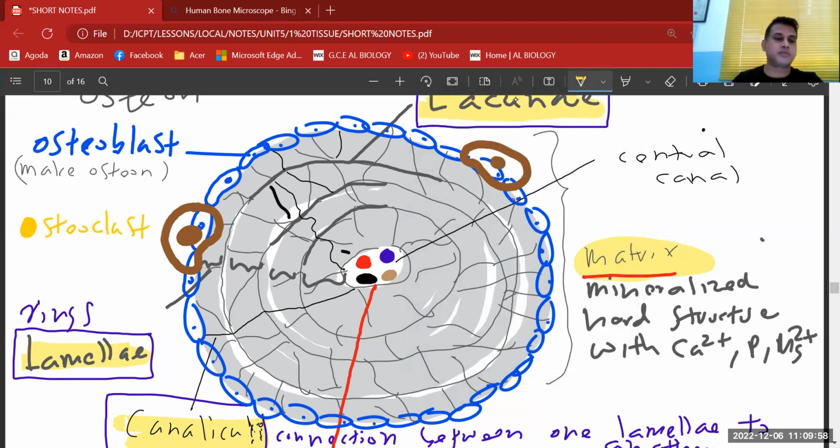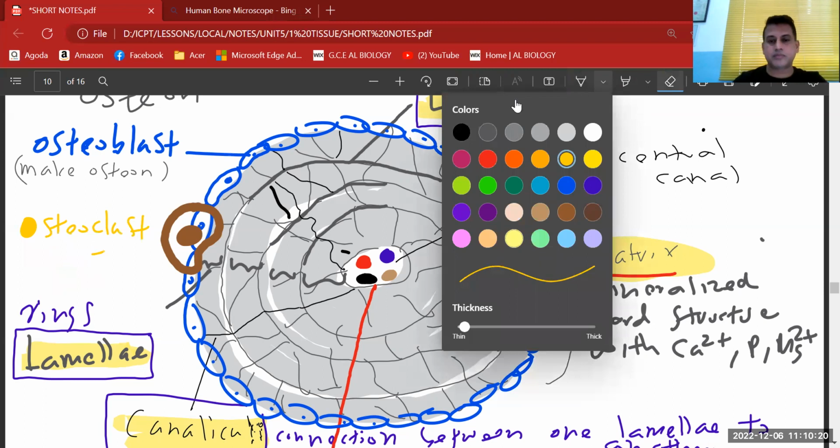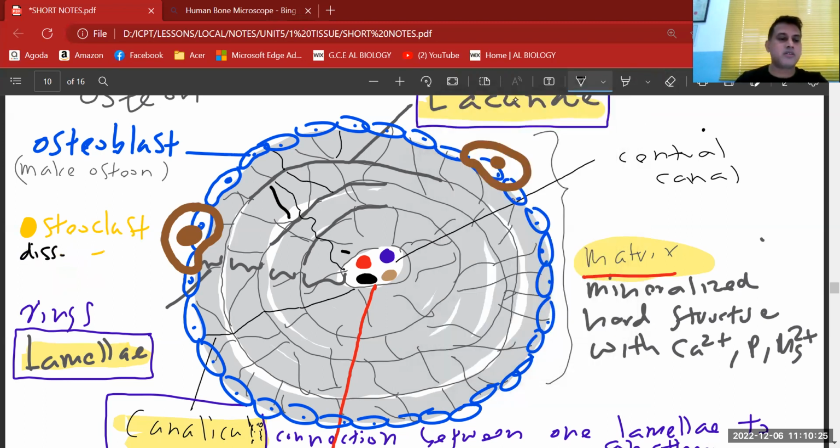Osteoclast. I just write here, break the bone. Break is not breaking like cracks, they absorb, reabsorb, right? So I just write dissolve matrix.